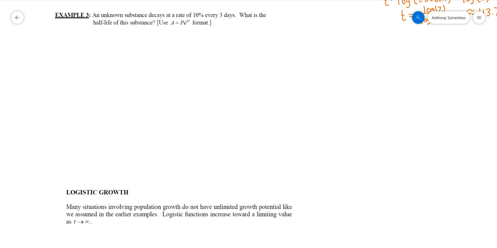So now, one of the things you sometimes run into is that students will think that, since I'm using this A equals P e to the kt power, K is going to be equal to negative 0.10, because that's 10%, over 3, which is a negative 0.03 repeating.